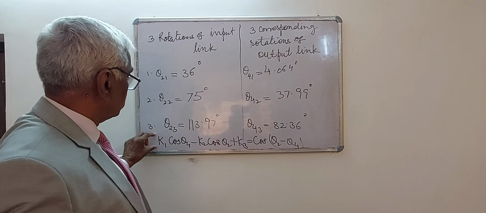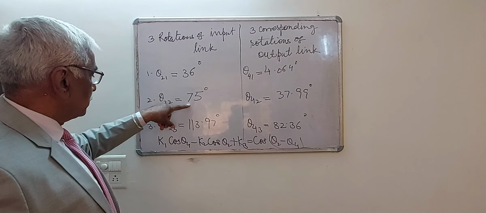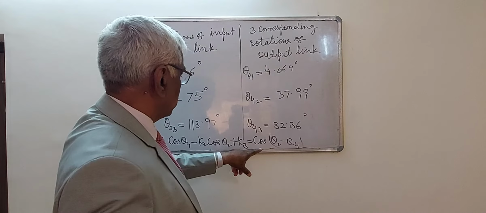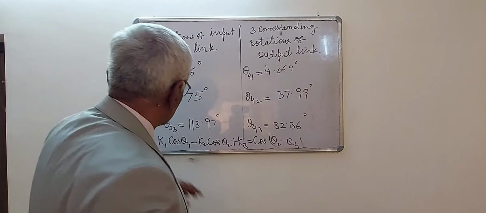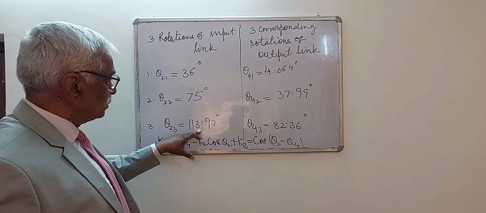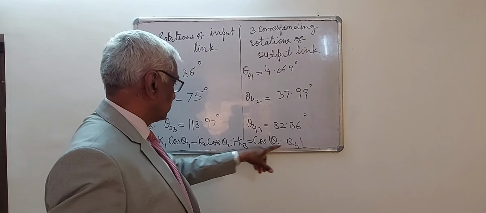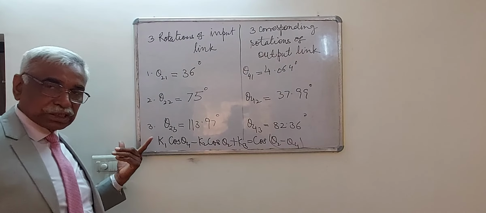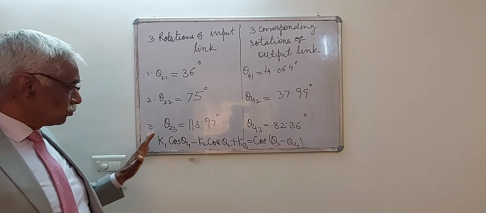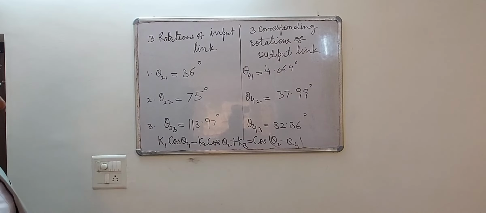The second set will be theta 2 as 75 degree and theta 4 as 37.99 degree. The third set will be theta 2 as 113.97 degree and theta 4 as 82.36 degree. So there will be three sets of equations and three unknowns, K1, K2 and K3. You can find their values.